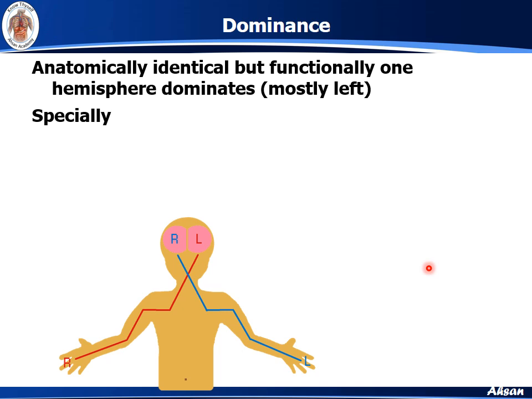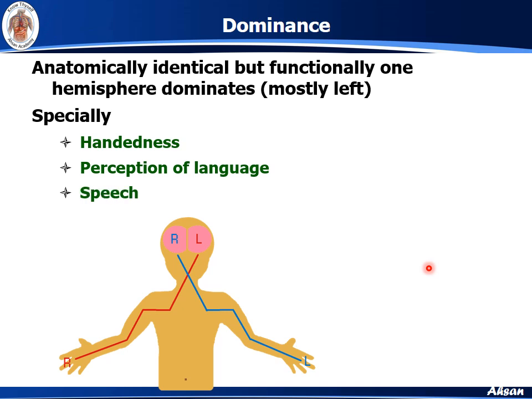This indicates especially handedness and the perception of language as well as speech. So the left hemisphere especially contains the neurons that dominate over the right hemisphere and control especially this area, as expressed in the human being.